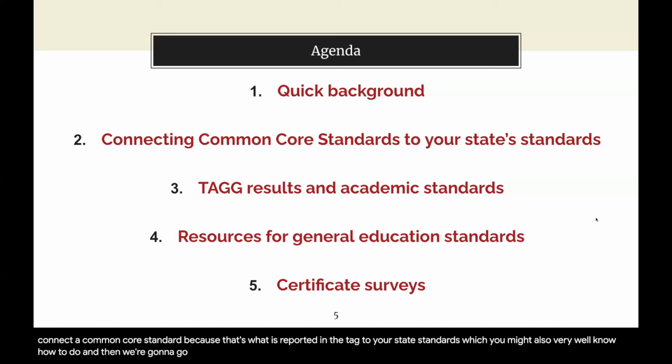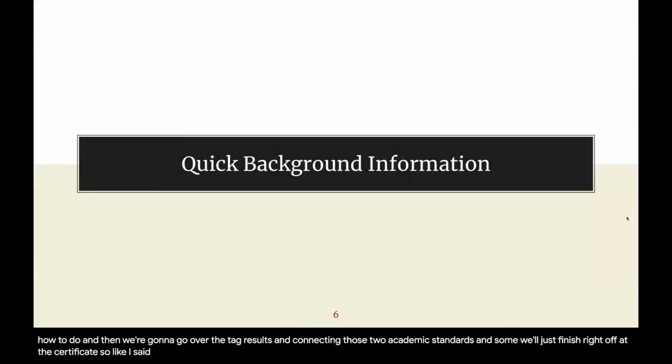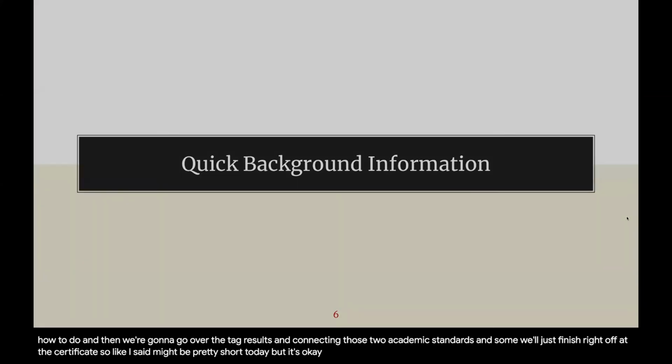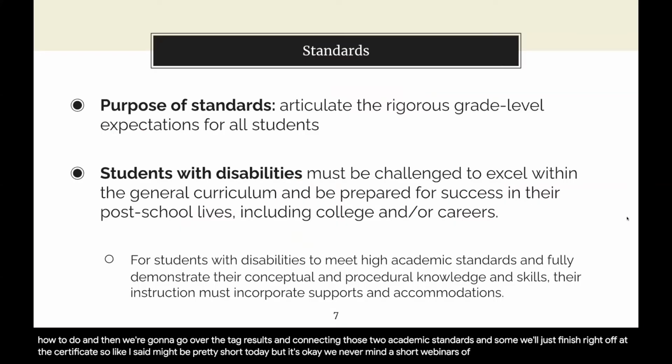Then we're going to go over the TAGG results and connecting those to academic standards, and some resources to help in that process. We'll finish right off with the certificates. Like I said, it might be pretty short today, but it's okay. We never mind a short webinar. It's a Friday.